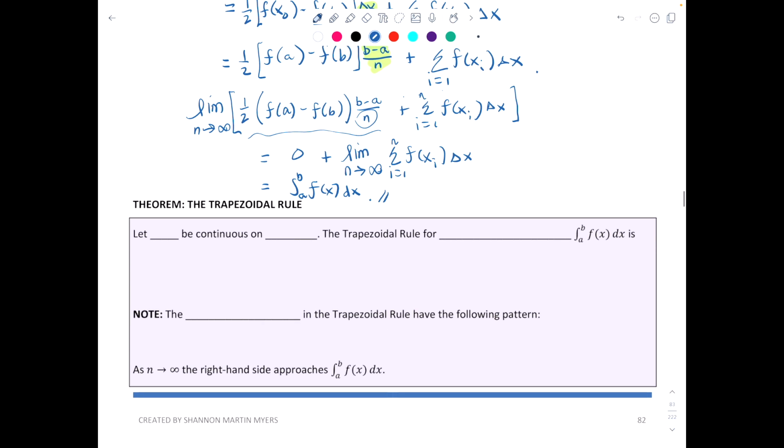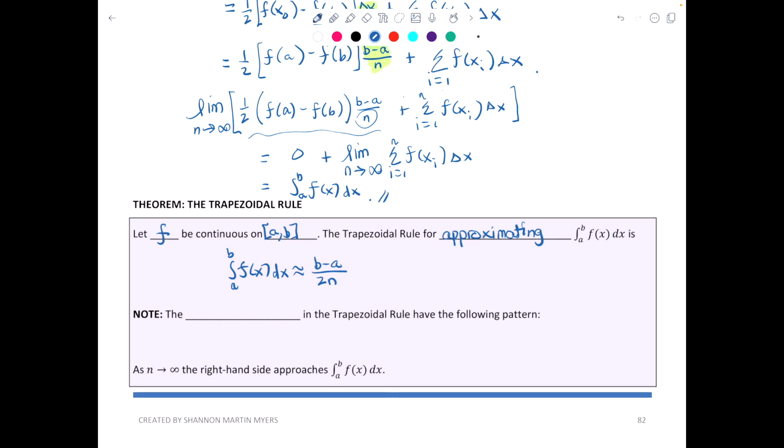What we want to remember here is that if f is continuous on the closed interval from a to b, the trapezoidal rule for approximating the integral from a to b of f of x dx is approximately equal to b minus a over 2n, combining that delta x times the 1/2.